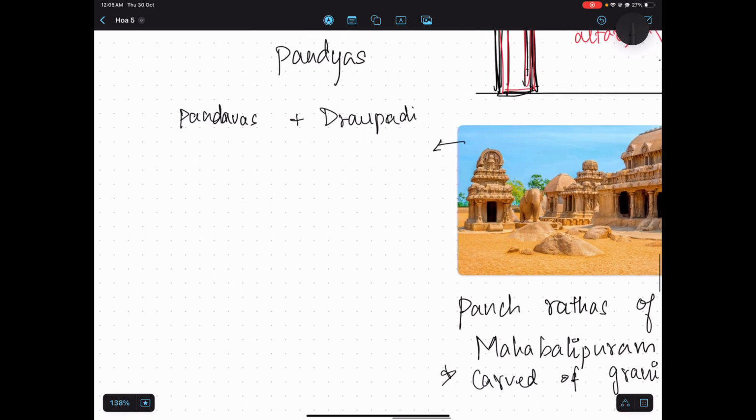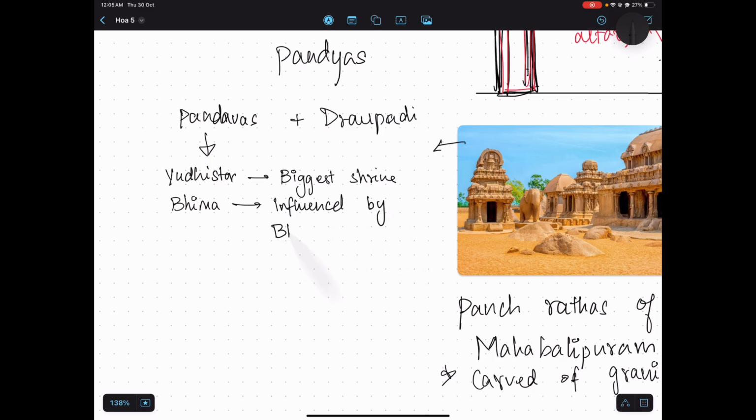So the biggest shrine is for Yudhishthir. Bhima's shrine is mostly influenced by the Buddhist architecture, so it's heavily influenced by Buddhist architecture.